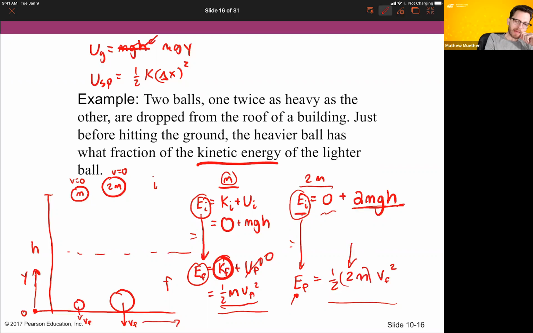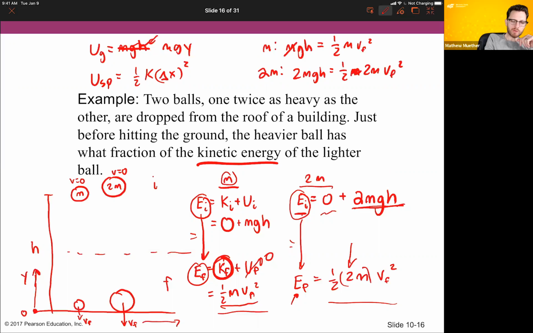For the mass that's just a single m, our energy conservation says that initial potential energy, mgh, has to equal the final kinetic energy, 1/2 m v final squared. The object that's twice as massive had twice the amount of initial potential energy, and its final kinetic energy would be, sorry, 1/2 times 2m times v final squared.